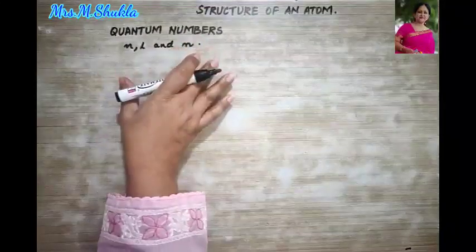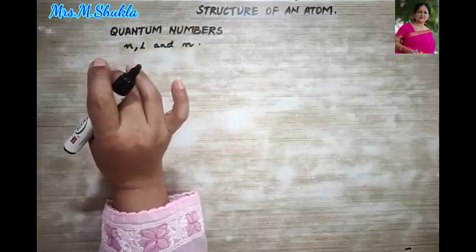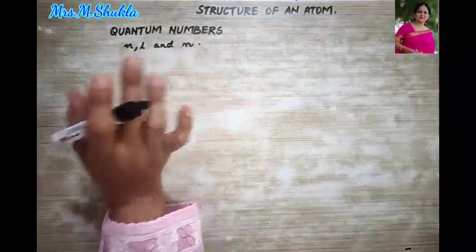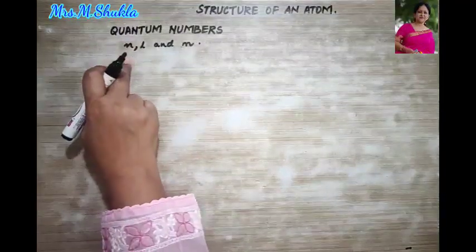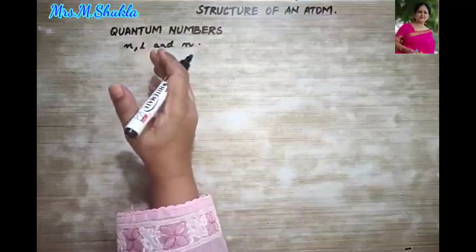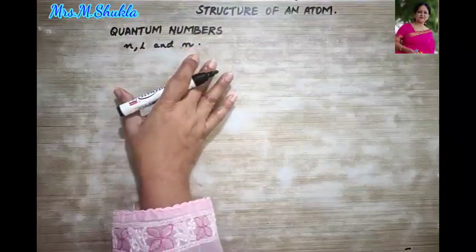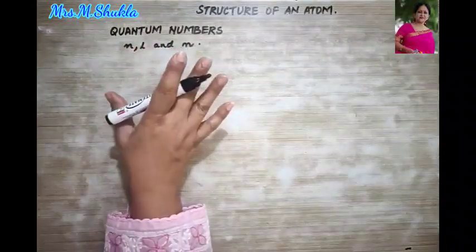Each quantum number refers to a particular character of the electron in an atom. These quantum numbers describe the energy level of the orbital and also define the shape and orientation of the region in space where the electron will be found.